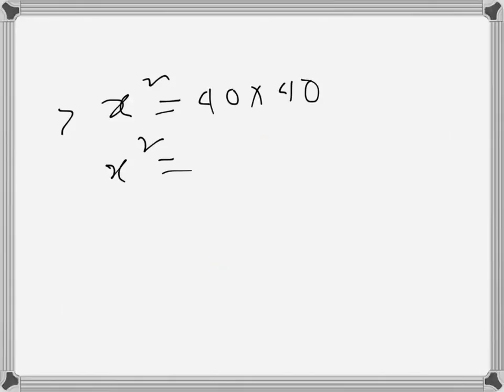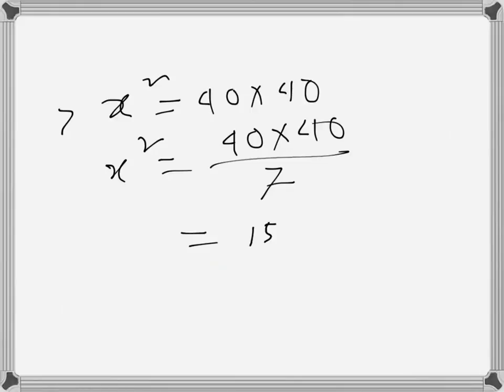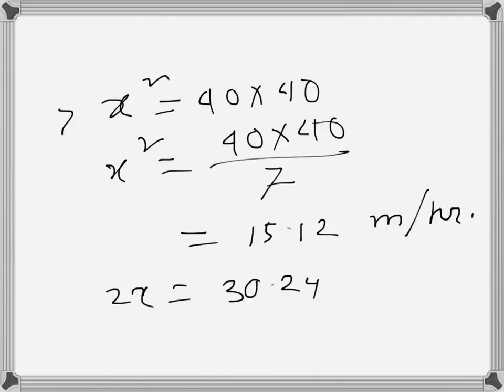So basically we just solve this equation, and we get x as 15.12 miles per hour. That's the speed of the ship that goes in the direction of B, and the other ship will be just twice of that, so 30.24 miles per hour. So this is the thing.